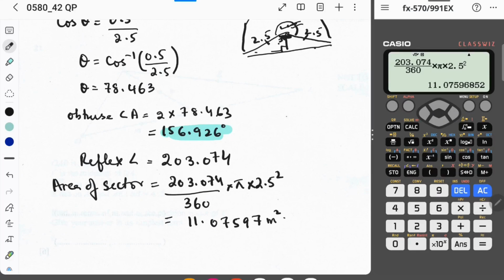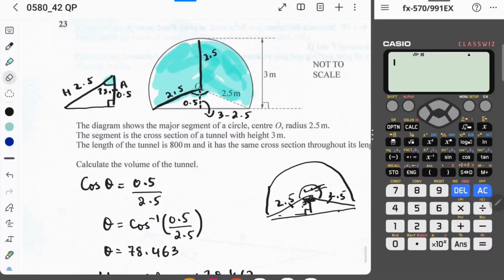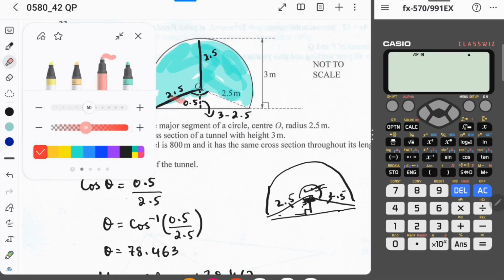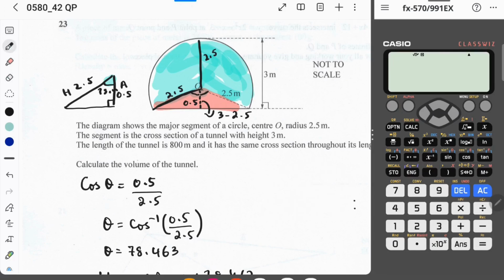All right, after that we'll have to add one more thing. As we have already found the area of this portion, and then there is a triangle also with it, this one. We'll have to add it, then we get the base area. For the area of the triangle, you can use half base into height and double it, or you can use the Pythagoras theorem to get the base.